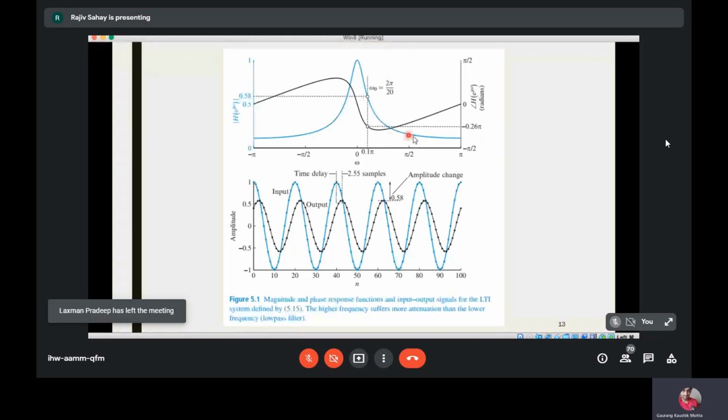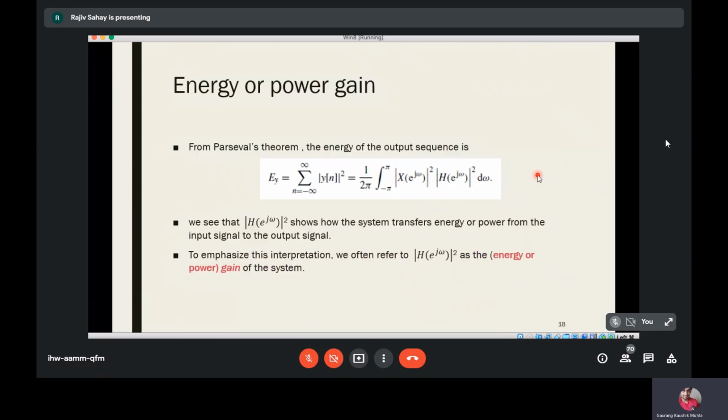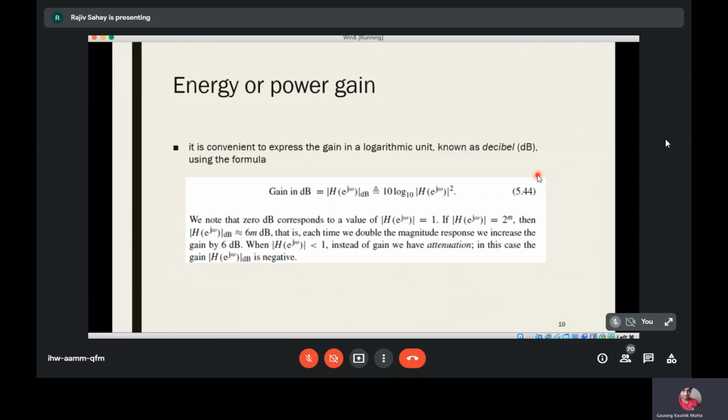And as it decreases, then we say that the gain is negative, or it attenuates the signal. So at this particular frequency, it is attenuating the input signal. Okay, so this is the idea. If mod of H of e to the j omega is less than 1, instead of gain, we have attenuation. So mod of H of e to the j omega in decibels will be negative.